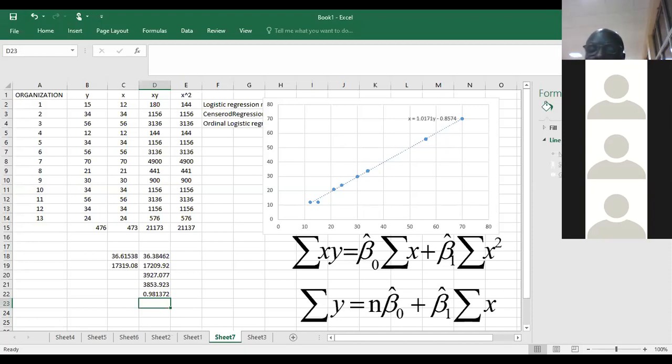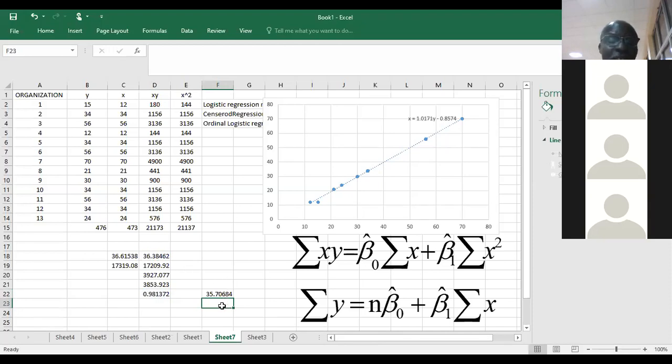Beta naught cap equals 36.6 minus 36.4 beta 1. Now, wherever there is beta 1 cap, put this value. So what is it equal to? Just give me the first value. What are you multiplying by beta 1? 36.4.